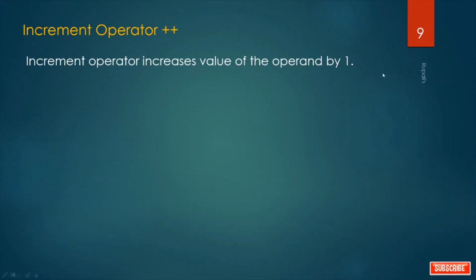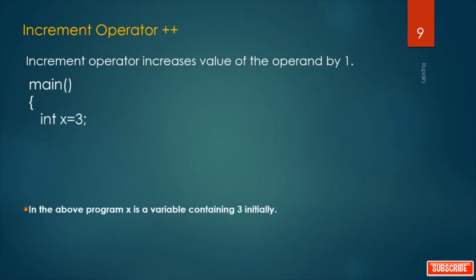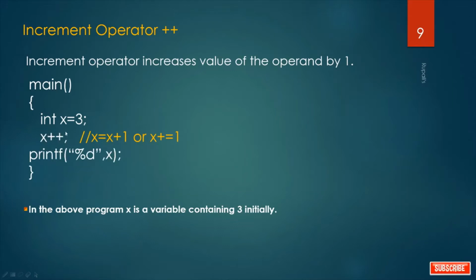Increment operator, the symbol is plus plus. Increment operator increases value of the operand by 1. See this program. Here x is a variable containing the value 3 initially. Now if I write x plus plus, value of x will be incremented by 1.